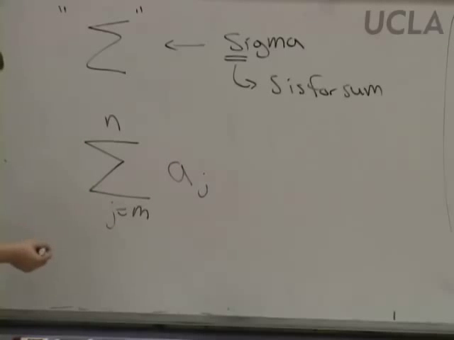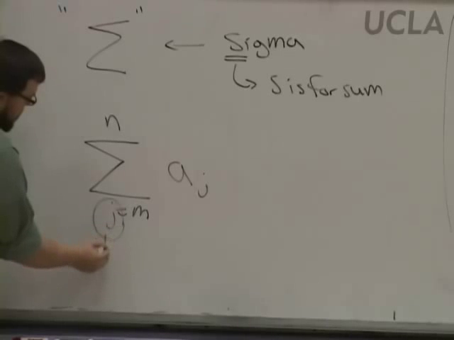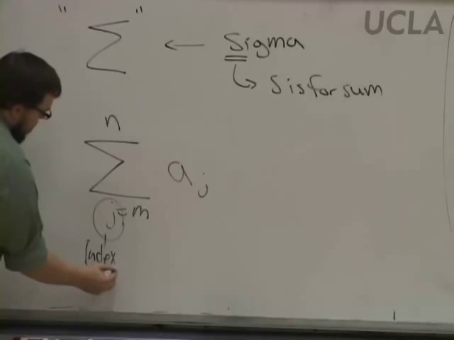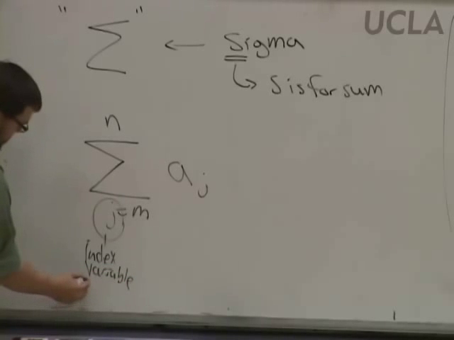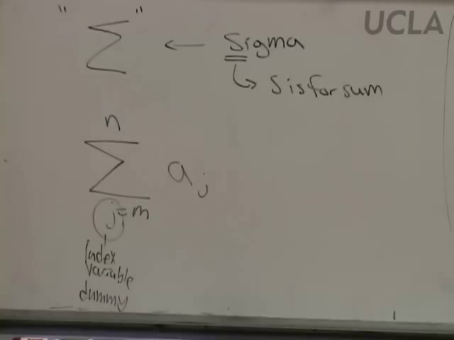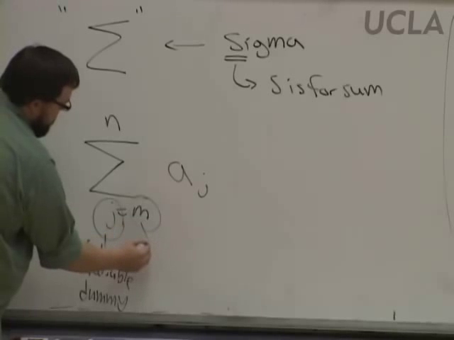Now let me just talk about what everything is. J, this is called the index variable. Or, if you like, it's also called the dummy variable. And essentially, it's just helping you keep track of where you are. M is where you start the sum.